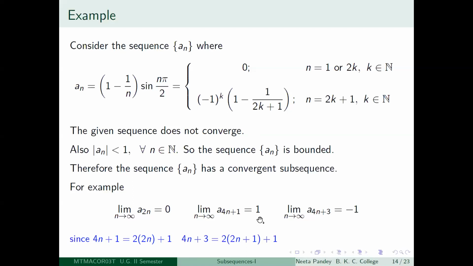So this will go to 1, this subsequence will go to minus 1, and this subsequence will converge to 0.